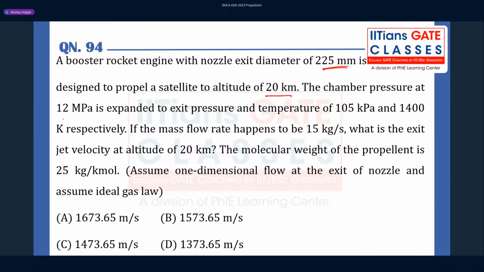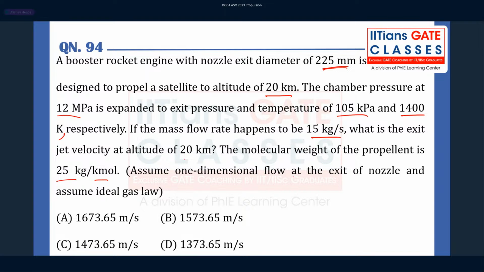The chamber pressure of 12 megapascal is expanded to exit pressure and temperature of 105 kilopascal and 1400 Kelvin respectively. If the mass flow rate happens to be 15 kg per second, what is the exit jet velocity at an altitude of 20 kilometer? They are given the molecular weight of the propellant as 25 kg per kilomole. Assume one dimensional flow at the exit of the nozzle and assume ideal gas flow.